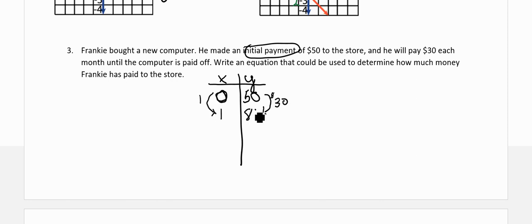So that means he would have paid $80. And I can continue that after 2 months. So 1 more month, he's going to pay another $30. So 110. So I can see my rate of change or my slope is 30.